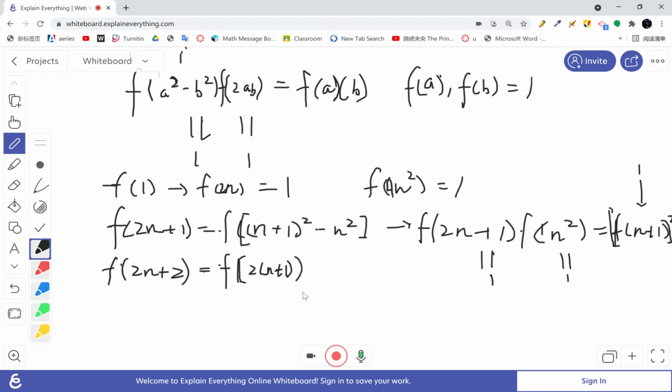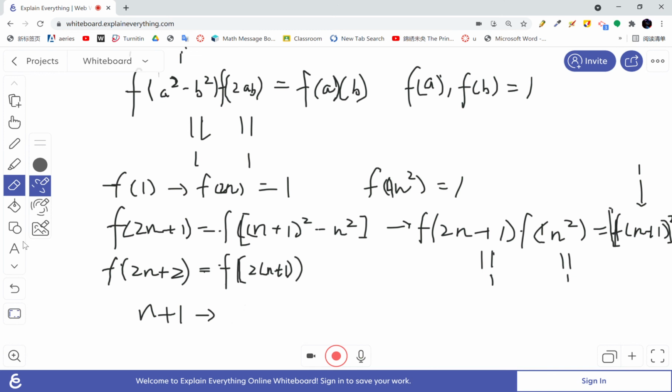And let's say if n plus 1 can be expressed as a times b, then a squared minus b squared, a squared plus b squared, and the thing. And this can always be expressed as n plus 1. And even if n plus 1 is a prime number, then n plus 1 can be expressed as just a times 1.